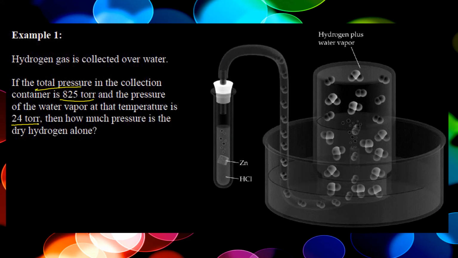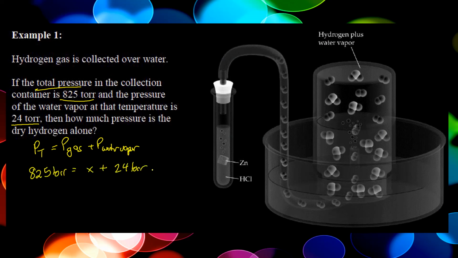What math are we going to end up doing this time? We're going to subtract. So pressure total is the pressure of the gas plus the pressure of the water vapor. So I'm going to have 825 torr equals x plus 24 torr.